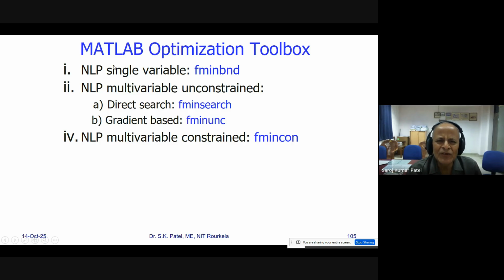If it is single variable, use fminbnd, and if it is multivariable, use fminsearch and fminunc. This is called unconstrained. And if it is a constrained problem, use fmincon. So if you use these 4 subroutines in the MATLAB optimization toolbox, you can solve any problem, single variable or multivariable.